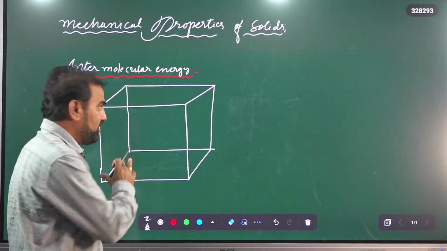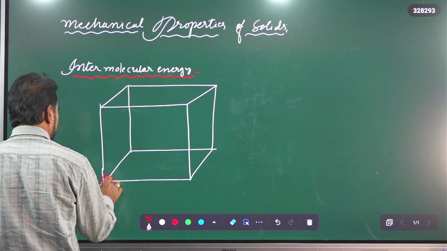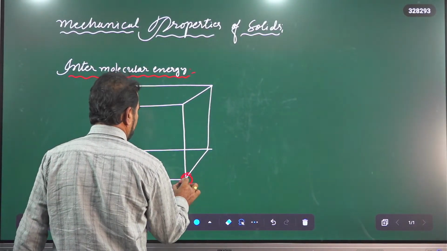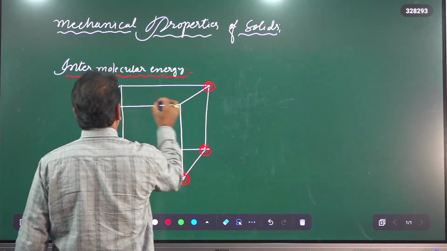Consider a molecular system in this. The molecules are presented in the corners like this. These are the molecules.